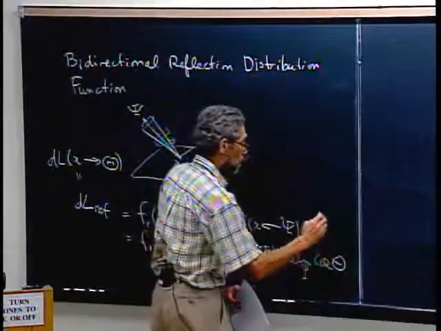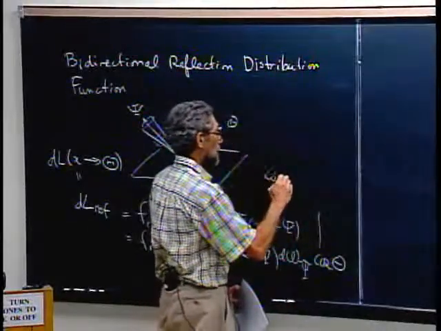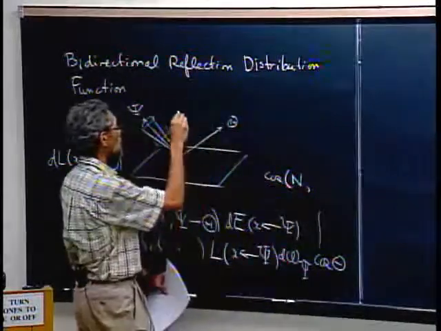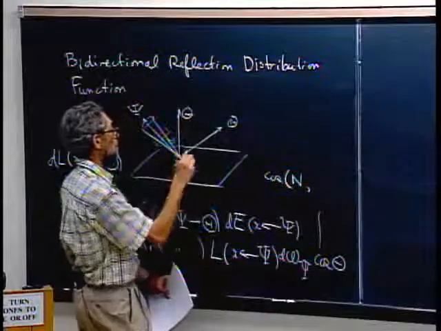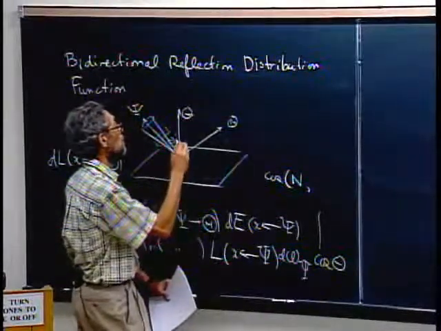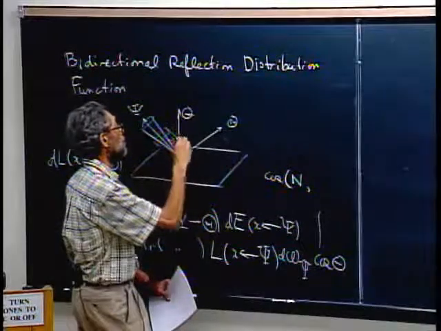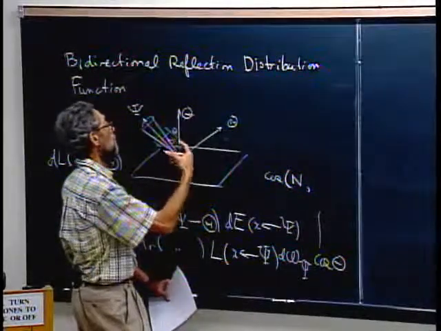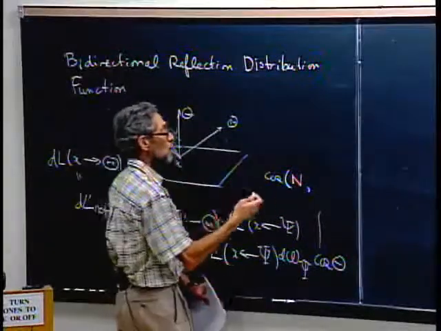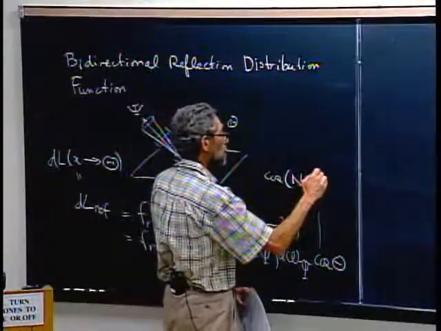where in the book they write it as the cosine of the angle between the surface normal here. Let's see, this is perpendicular to the surface normal, and the light direction is perpendicular to this plane that I drew. And so this theta is the angle between this and the incoming light direction.